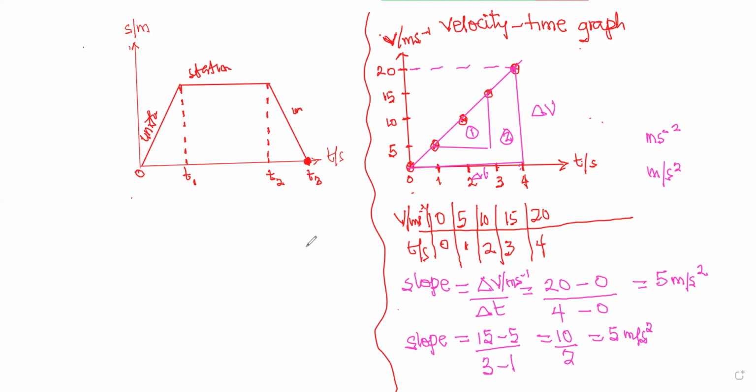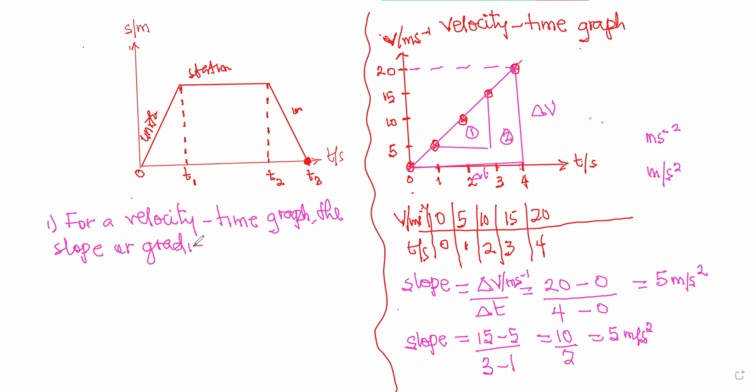So the key observation is that, one, for a velocity time graph, the slope or the gradient is equal to the acceleration of the body.